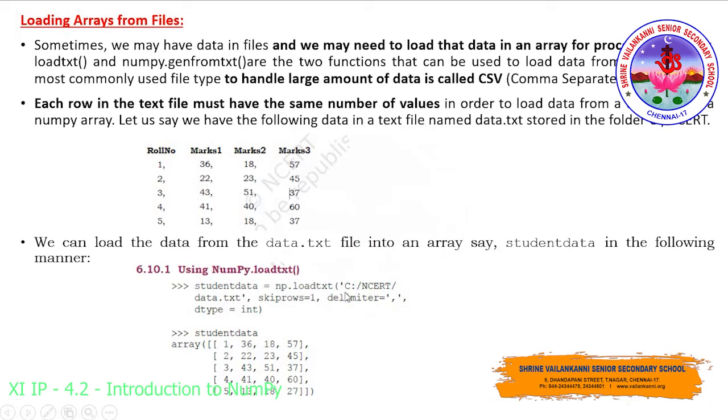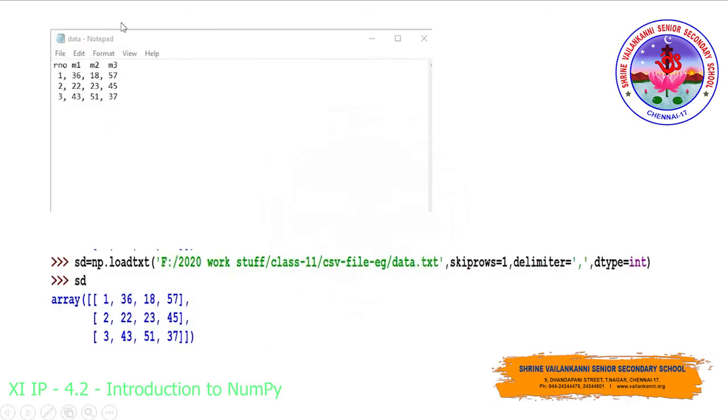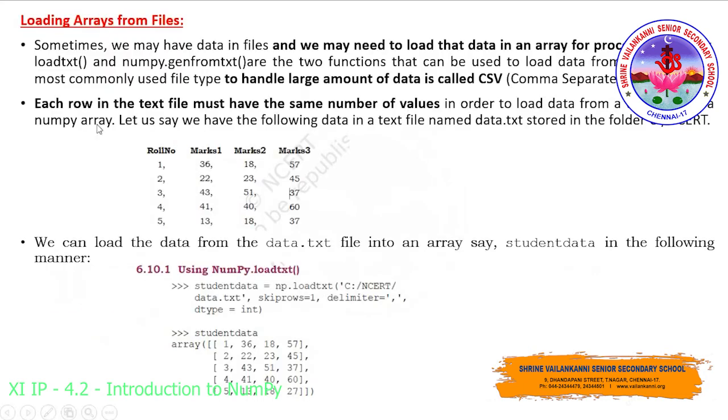Within the brackets, I have to copy the path where I have stored the notepad file. Usually we store this in some folder inside the C drive or D drive, instead of storing it on the desktop, for safety purposes. So I have to copy that path and paste it here.